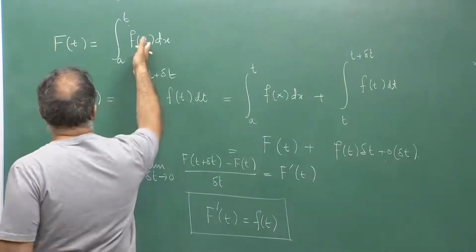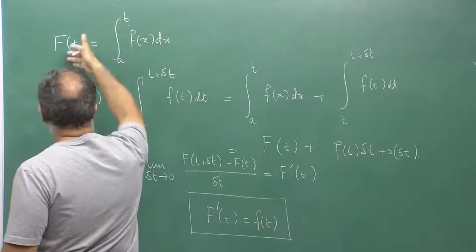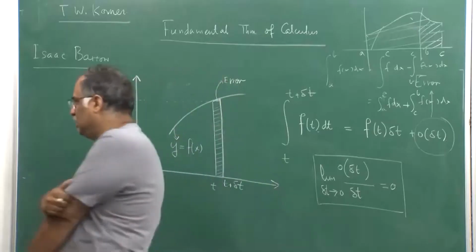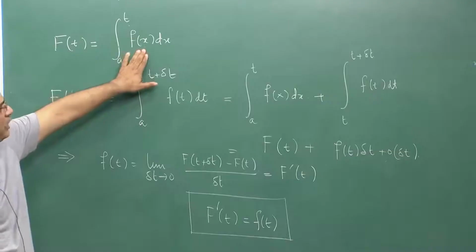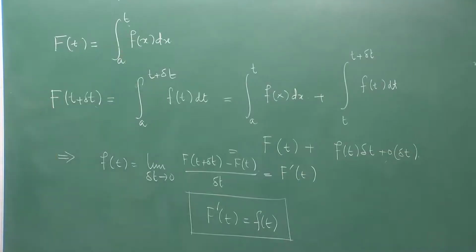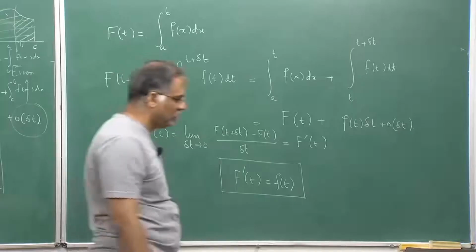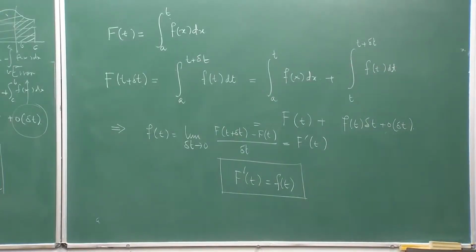So if I keep capital F dash here, this would be ft, and this should be f dash t obviously. So basically if I differentiate the value of the integral, I get back the function itself. So integral being the inverse process of differentiation.